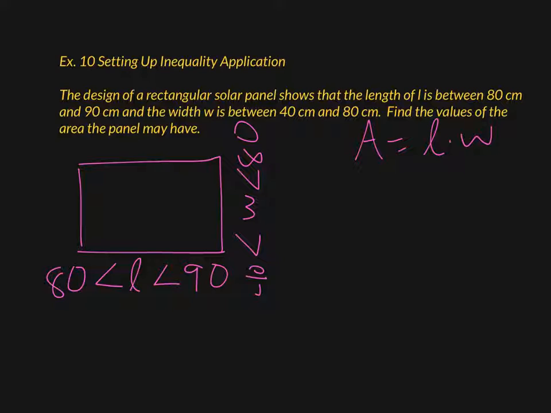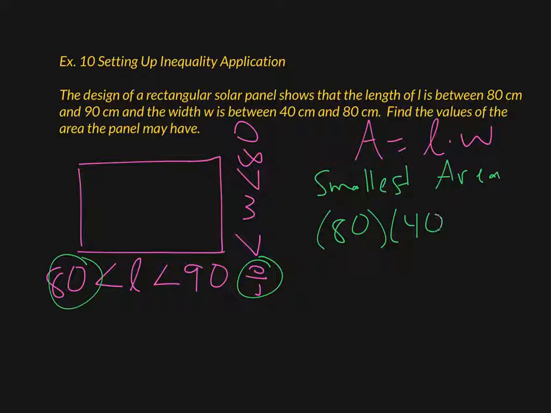So let's do the smallest area. The smallest area that we could have would be the 40 and the 80. So 80 times 40 gives us 3,200 centimeters squared.